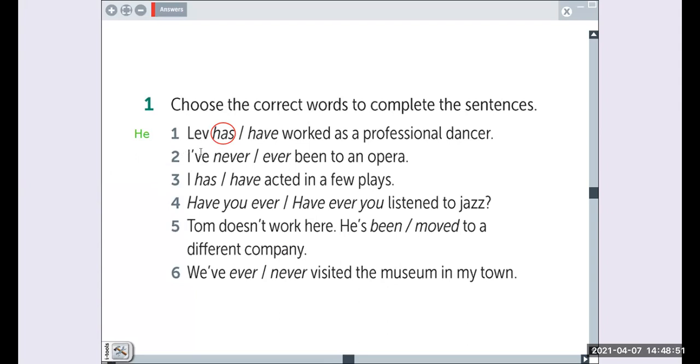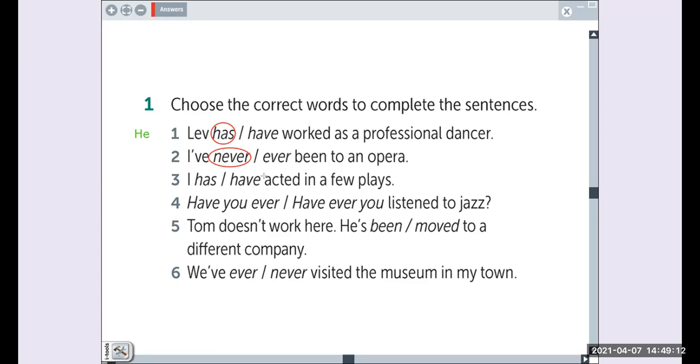What about this one? I've never been to an opera. Never. Why never and not ever? Why did you choose never and you didn't choose ever?